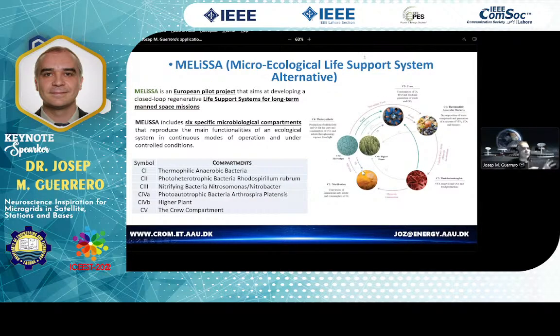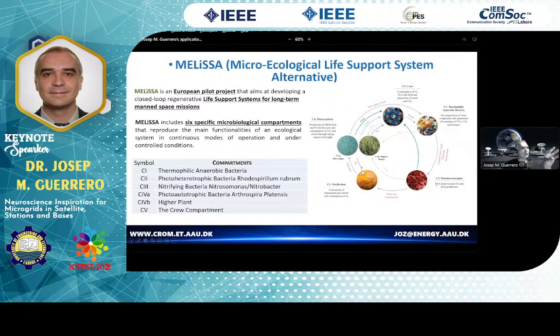To close the loop, we need to create an ecosystem with several compartments. The first one takes all this waste into the bacteria. Those are thermophilic anaerobic bacteria. They create volatile fatty acids, minerals, and ammonia.